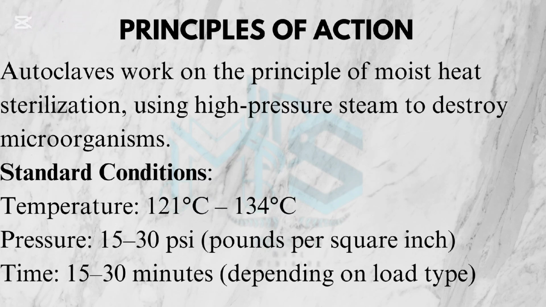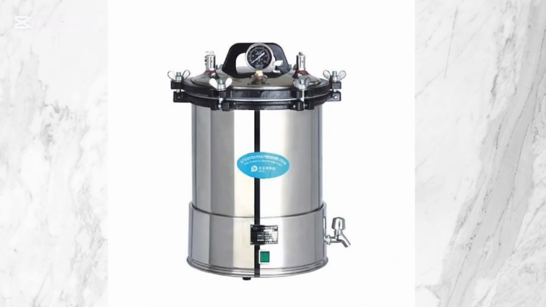Now, very important, the standard conditions for an autoclave to function is from 121 degrees Celsius to 134 degrees Celsius. The pressure is 15 to 30 pounds per square inch, and for 15 to 30 minutes. Very necessary. These standard conditions most likely present in exams.